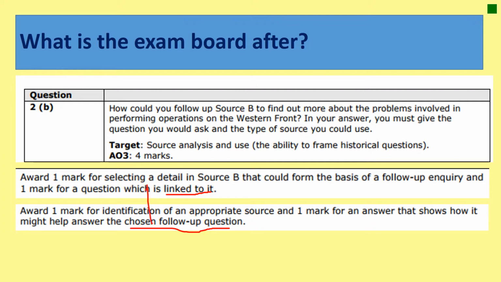But notice these 2 are marked separately. It's in effect 4 marks, but it's 2 and 2. So if you don't get the first part right, you're not going to get part 2 right either. If you get part 3 wrong, you can't get part 4 correct. So you might be able to get 2 marks or 4 marks, but you're never going to get 1 or 3, really, because of how this has been done.